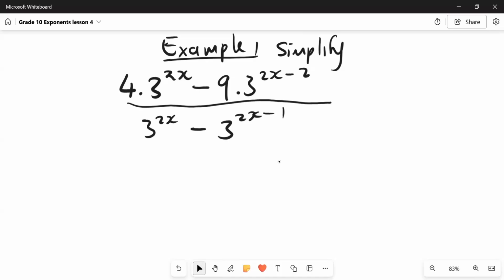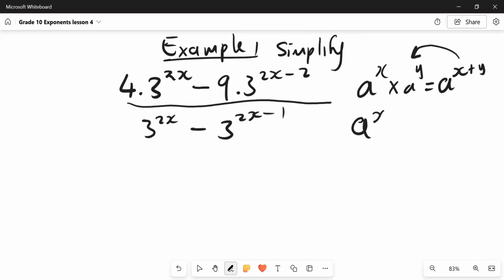So the first thing that you have to do here is to break down the exponents using this law: a to the power x times a to the power y is equal to a to the power x plus y. But you can move from this to this step by reversing.